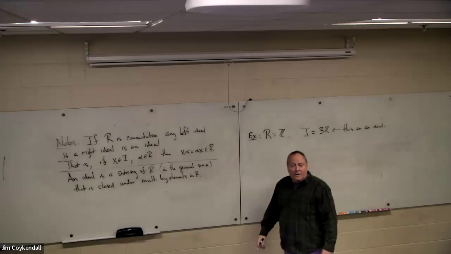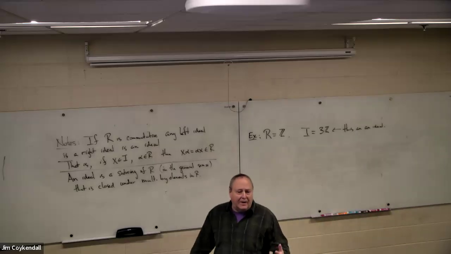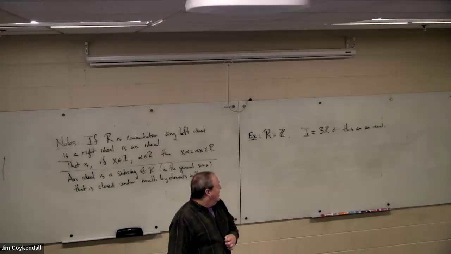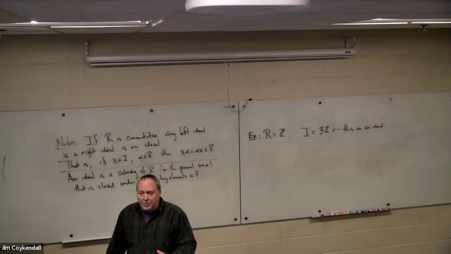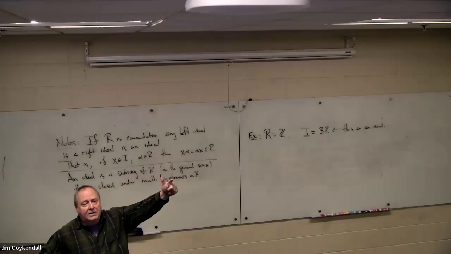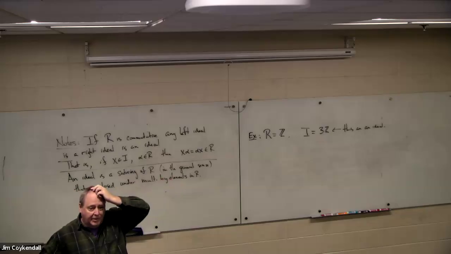We've already argued that I is in fact a subring, because the integers that are multiples of 3 form a subgroup, and when you multiply any two multiples of 3, you get a multiple of 3.